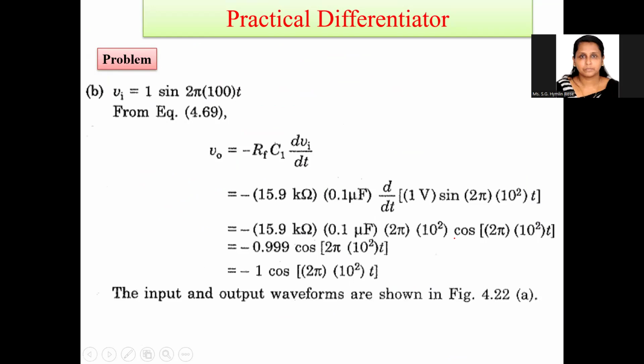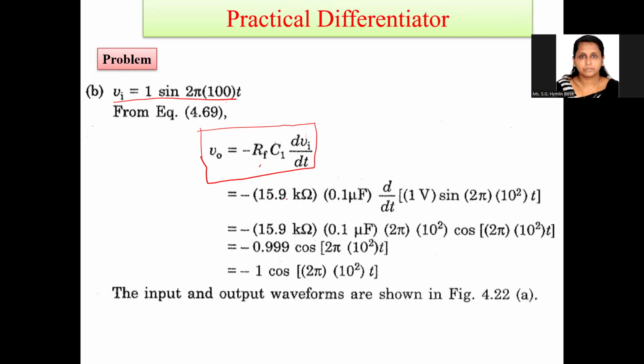Second, the input is given as VA equal to 1 sine 2 pi into 100t. The output voltage of a differentiator is V0 equal to minus RF C1 dVA by dt, where VA is the input taken as a sinusoidal signal.